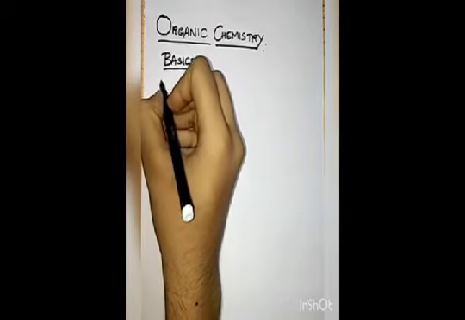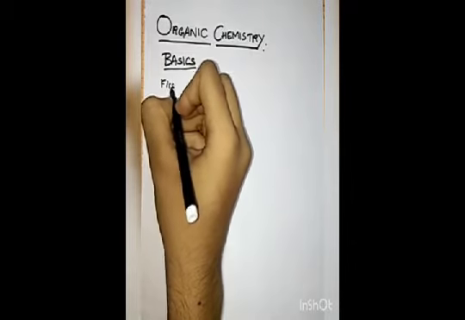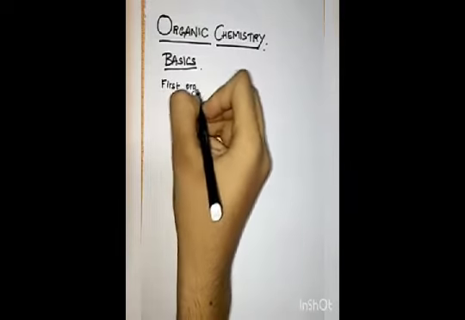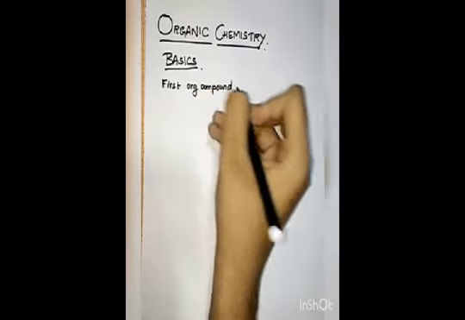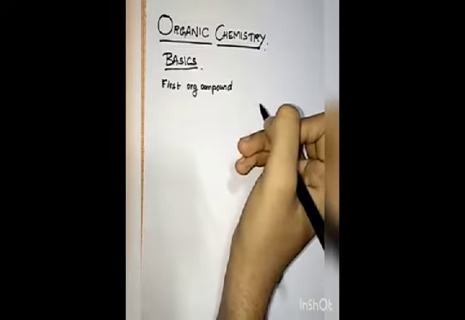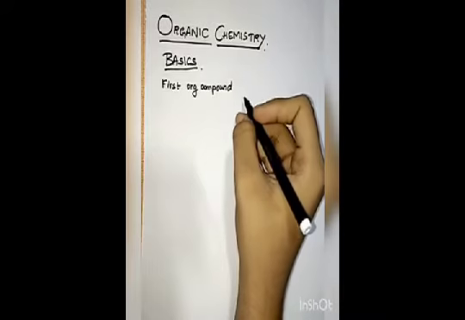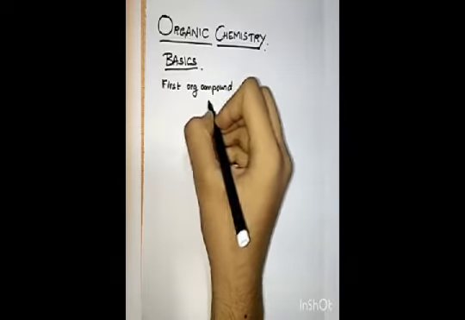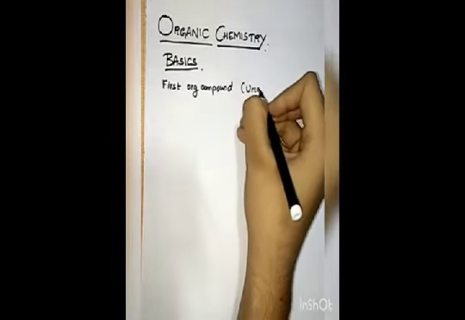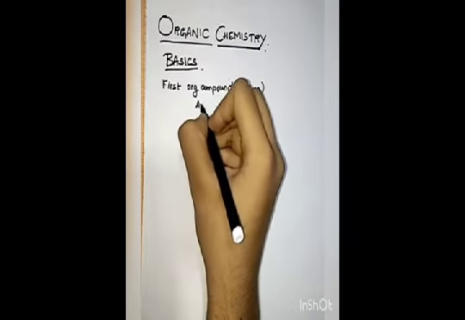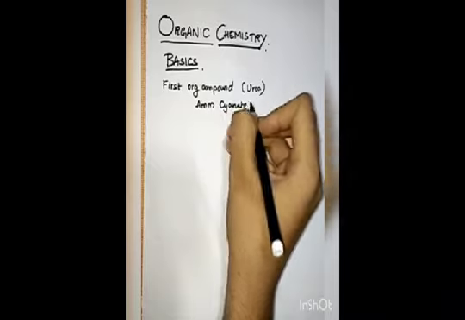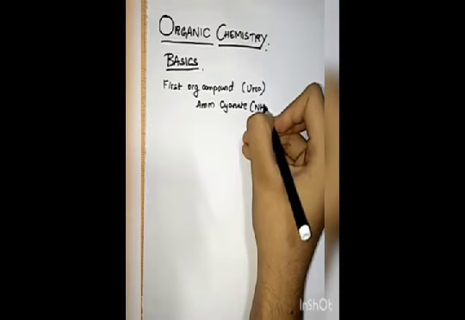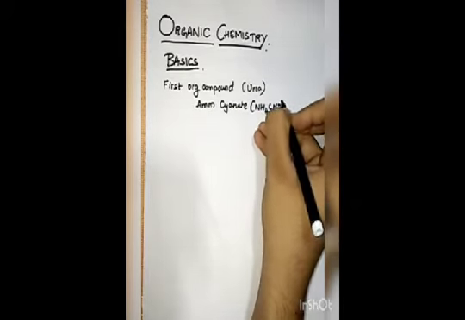The first organic compound which was prepared from inorganic compounds, or synthesized, was urea. It was synthesized from ammonium cyanate, the formula being NH4CNO.